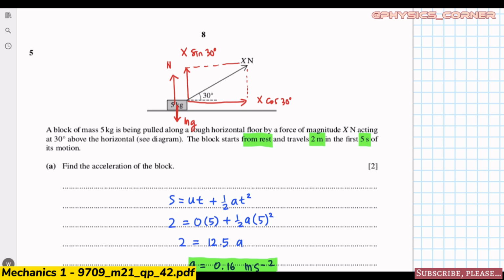So in the y direction we have x sine 30 plus normal contact force equals mass times g.